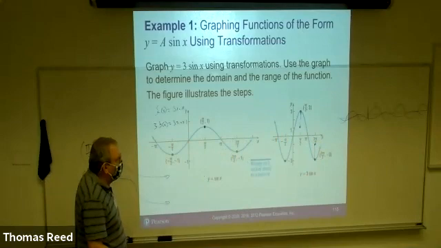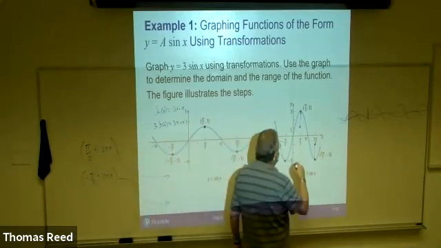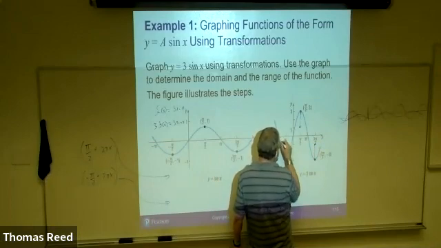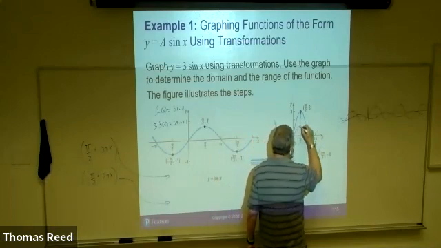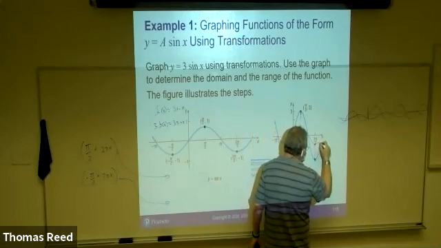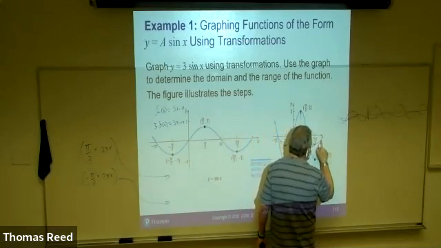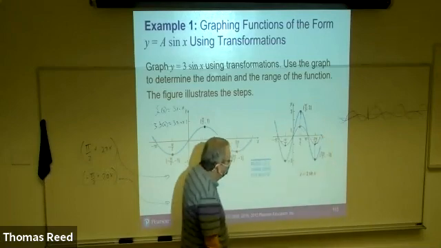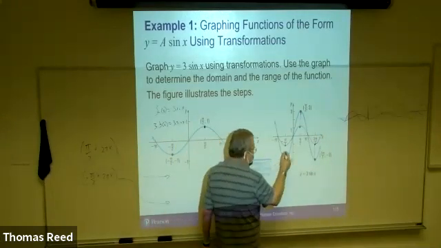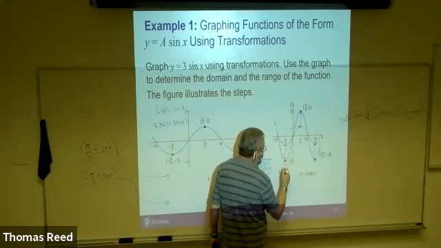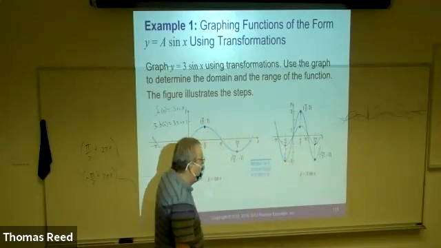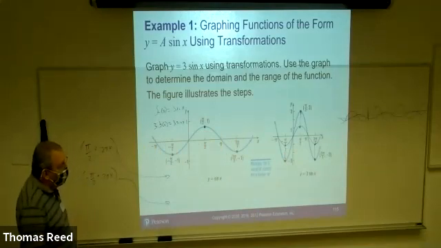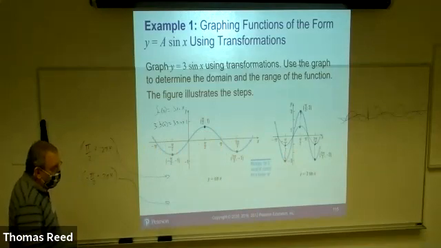You multiply them by 3. Instead of coming through like this, everything got stretched out. So now my smallest y value is -3, and my largest y value is +3.